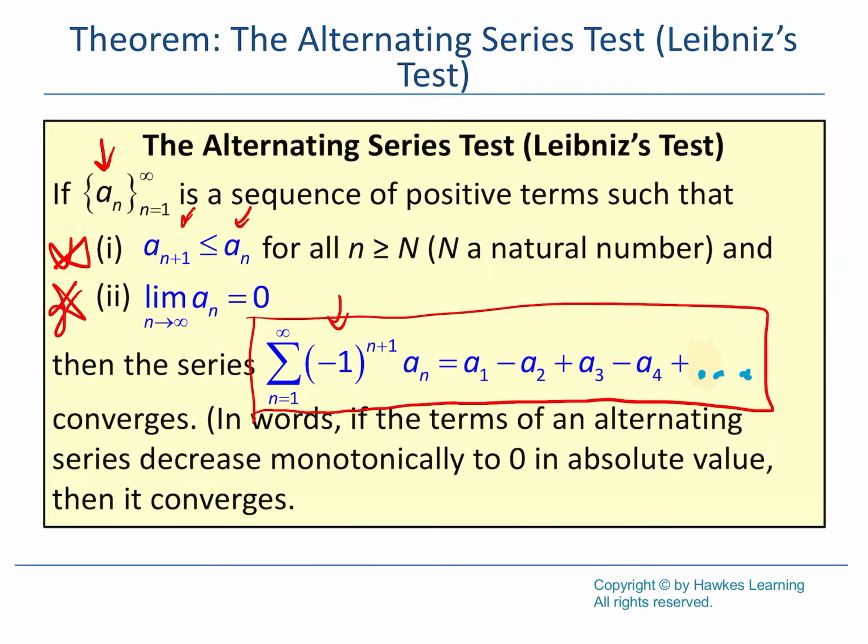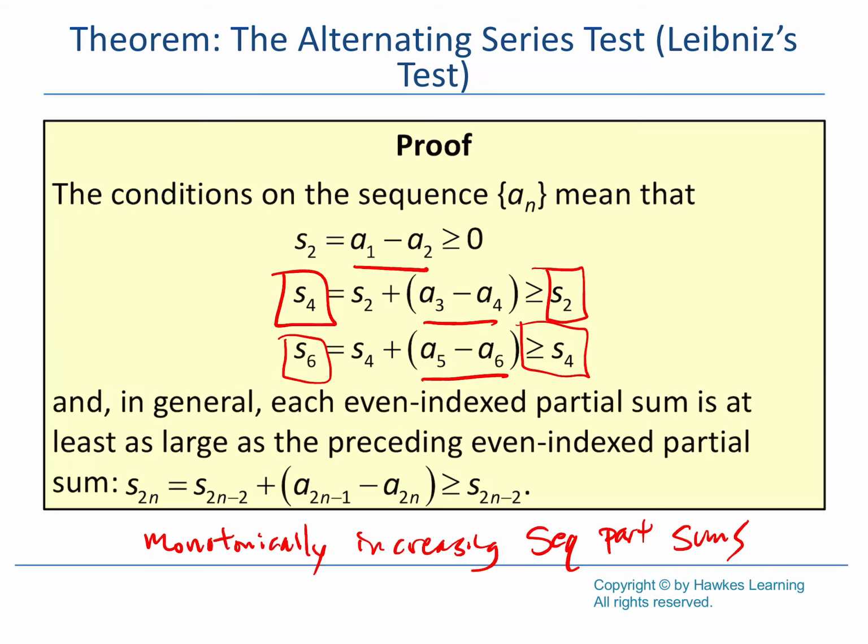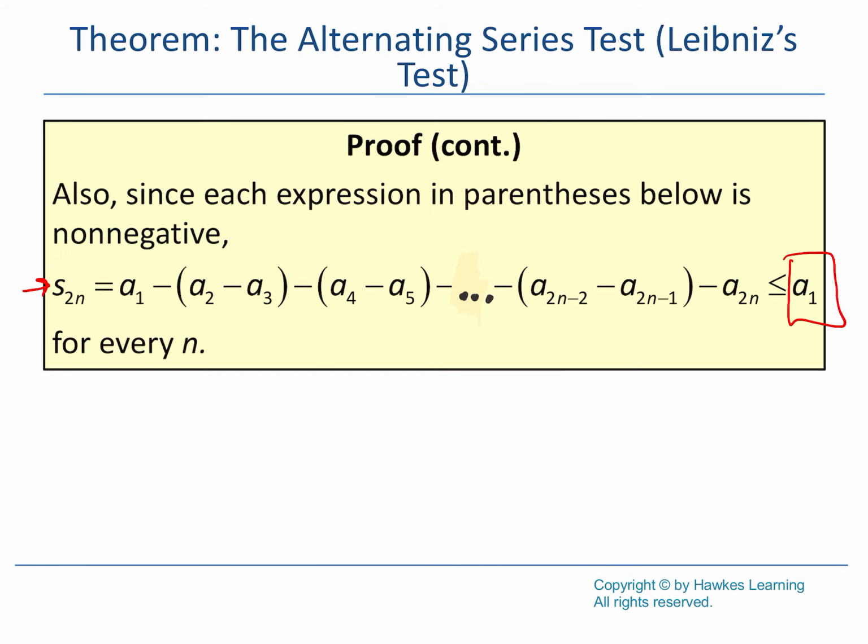You could cut off the first however many terms you want from the beginning to make sure that you're starting on a positive number, because again, we're only concerned with the tail end behavior. So a1 here is some positive number at the beginning, and then we're subtracting off the rest. And so a1 acts as an upper bound on that sequence of partial sums that is monotonically increasing.